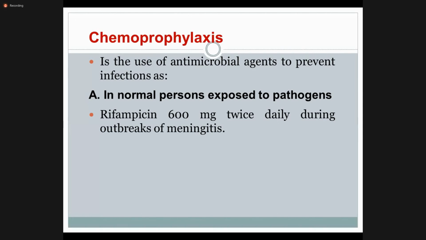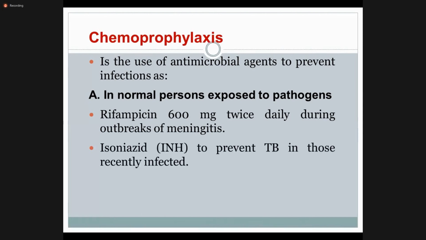Similarly, to prevent TB in those recently infected, suppose one of my family members has TB, and I don't have it at that time, right? To avoid future infection, we can start therapy with isoniazid.